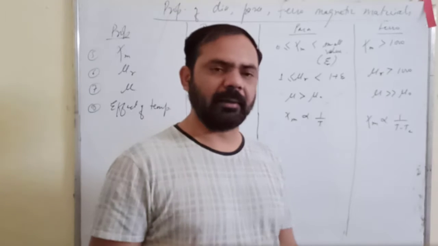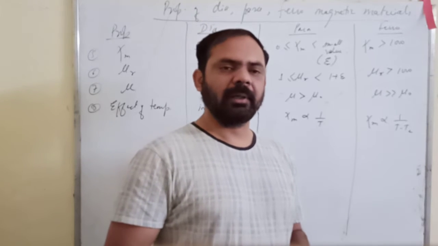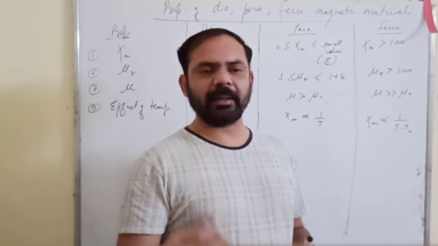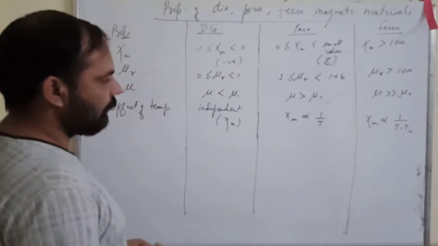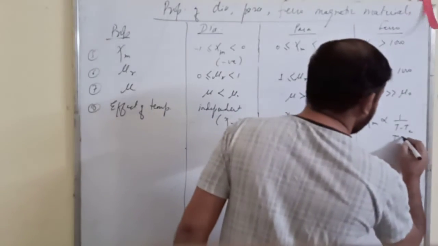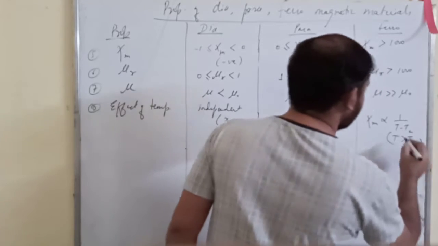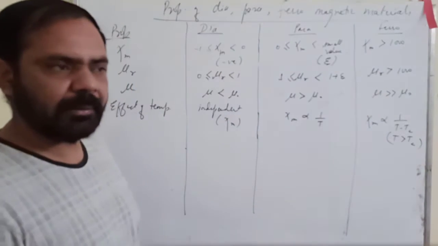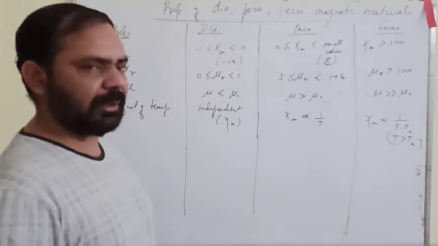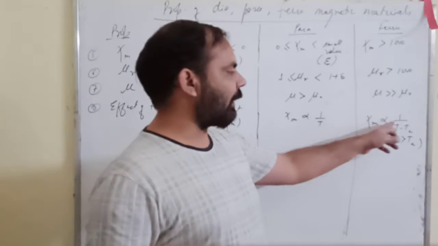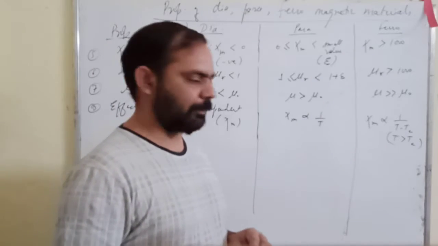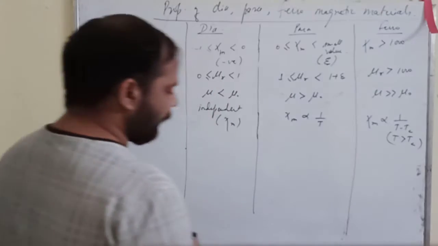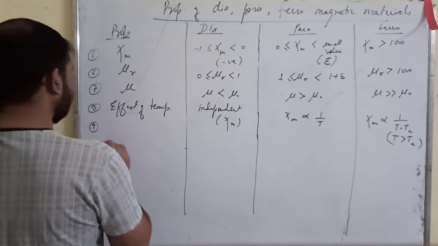Tc was the critical temperature above which a ferromagnetic material gets converted into a paramagnetic material. T is more than Tc. The temperature of the material is more than its critical temperature, then chi m depends inversely on that excess amount of temperature. Correct?